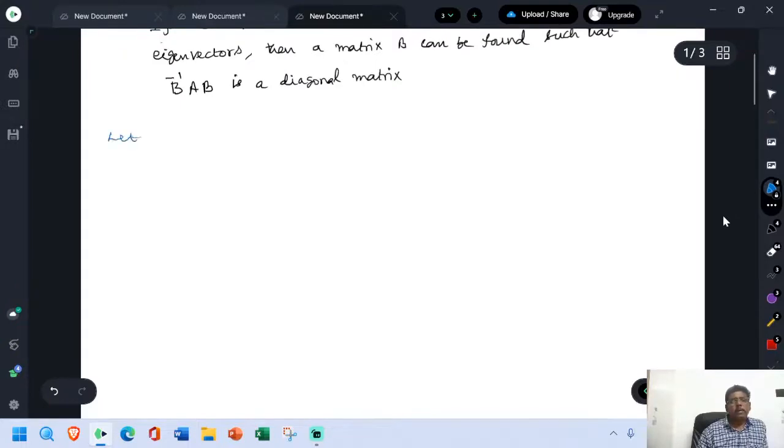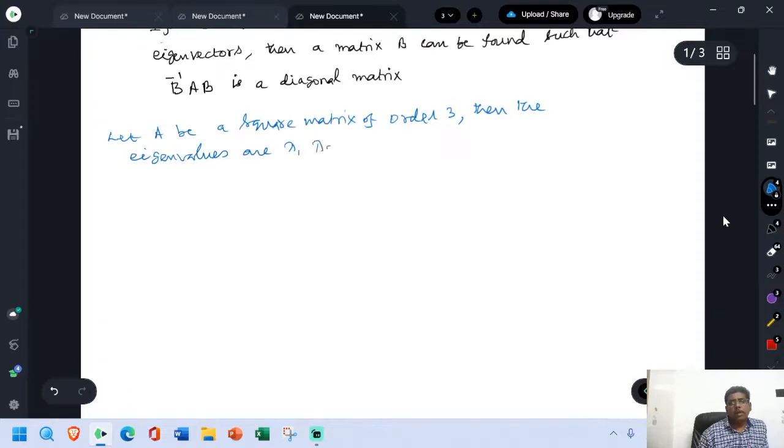Let A be a square matrix of order 3. Then the eigenvalues are lambda 1, lambda 2 and lambda 3.